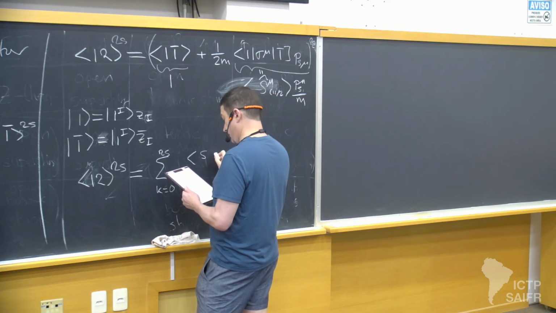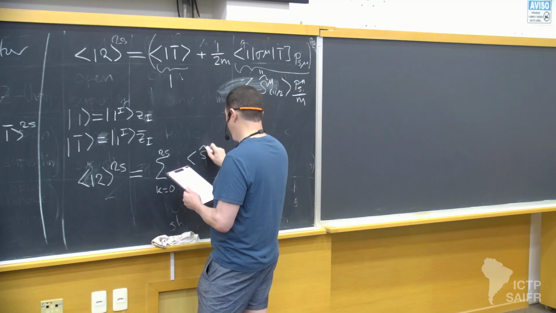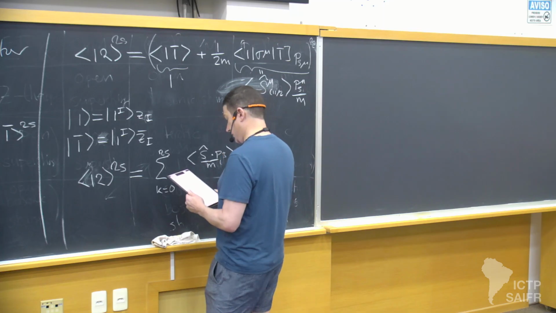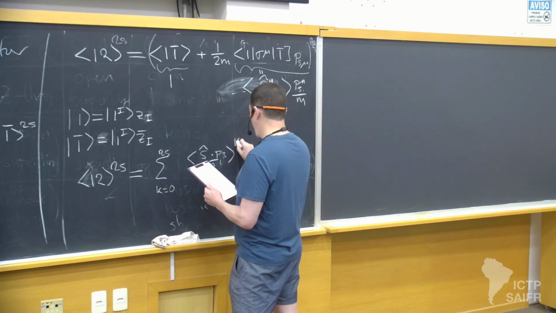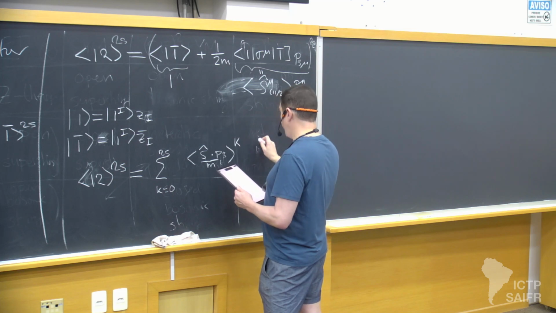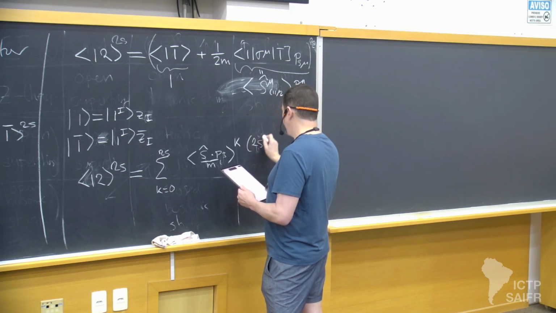So basically, this to the power k, and then we have some binomial coefficients.